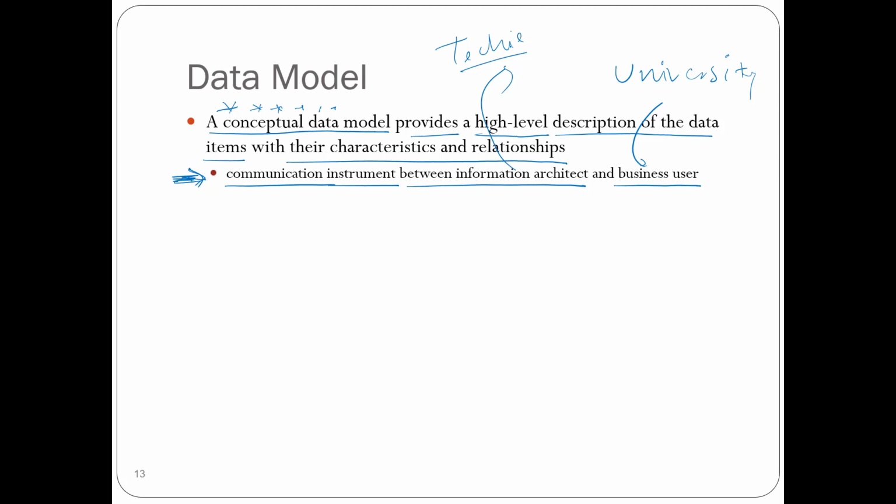So the responsibility of the information architect is to properly facilitate the communication between the technicians who will be building this database and the end user or the business user. And for that reason, the model that the information architect has to use will be a conceptual data model.